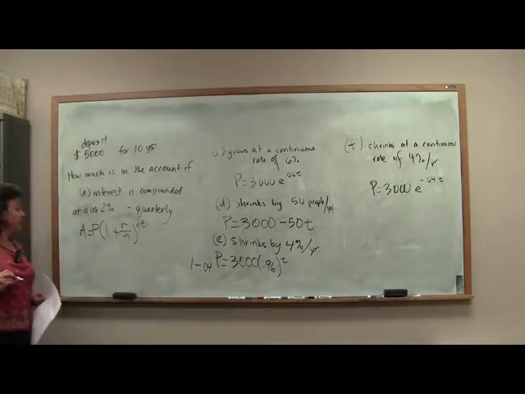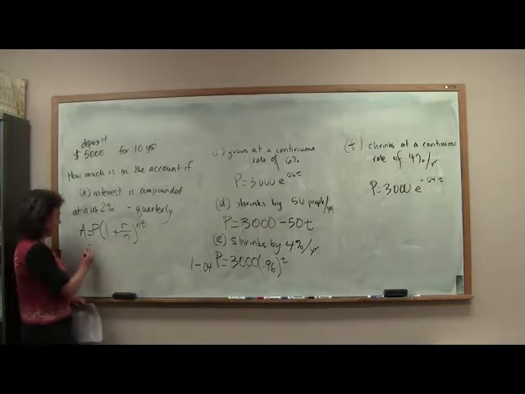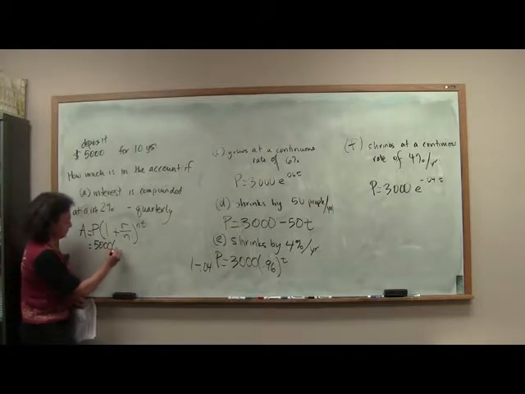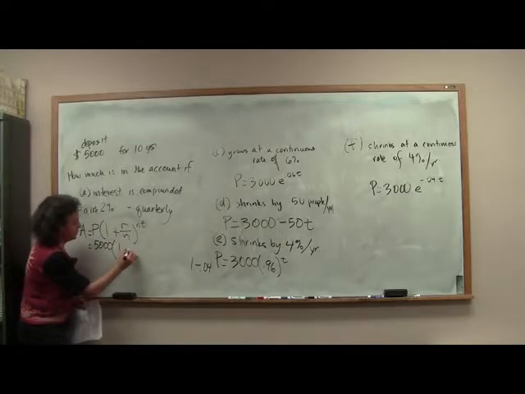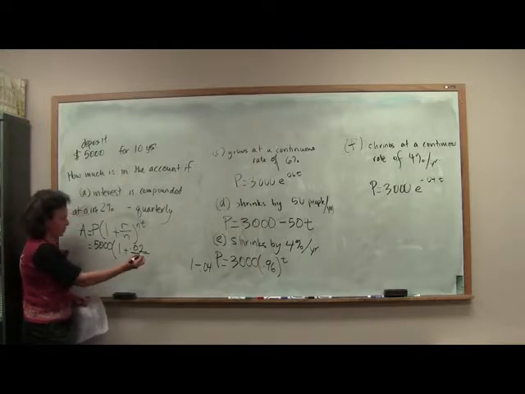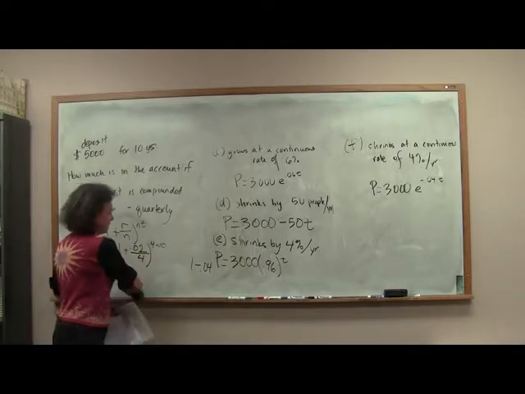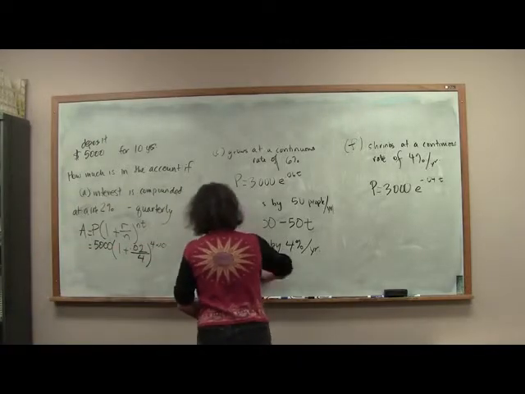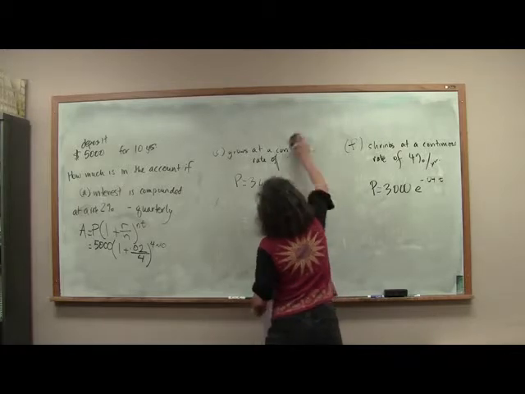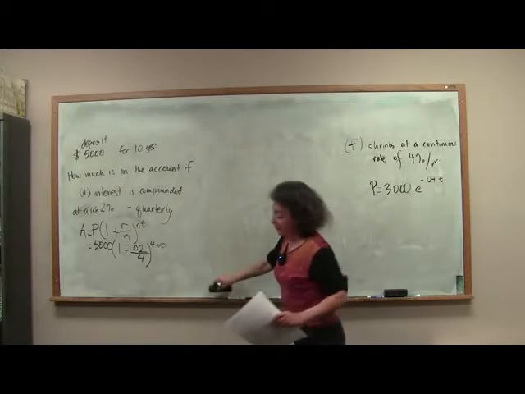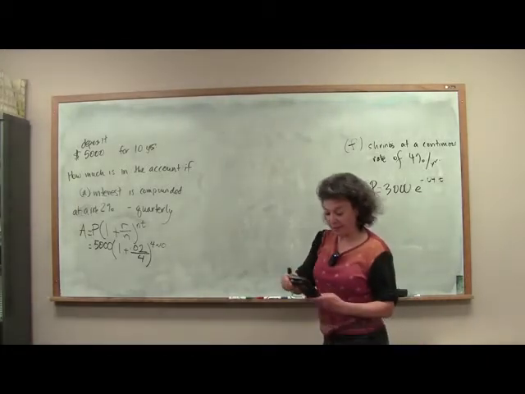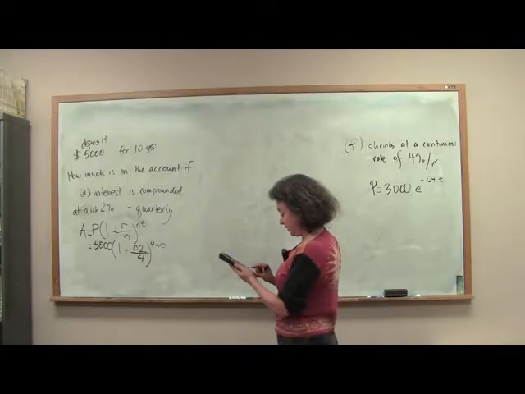We just need to fill in the appropriate numbers. We deposit $5,000. My interest rate is 2%. We're compounding quarterly, which means 4 times a year. N is 4 and T is 10. Now, if we really care what that answer is, we can certainly do this computation.